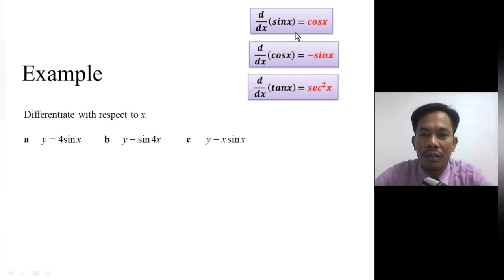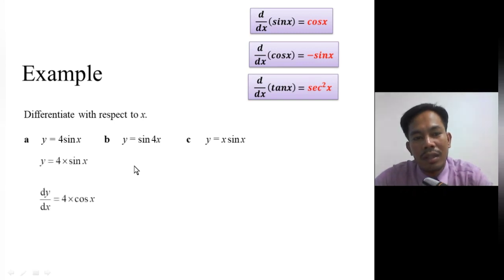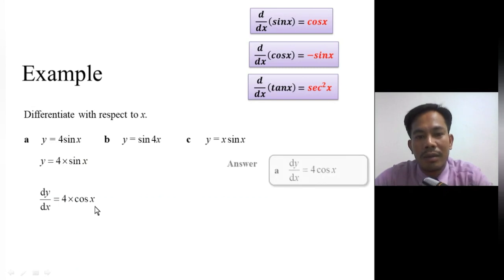Example, letter A. y is equal to 4 sine x. Since 4 is just a numerical coefficient of sine x, I will bring out that 4, then find the derivative of sine x, which is cosine x. Basically, the derivative of y in terms of x is 4 times cosine x.